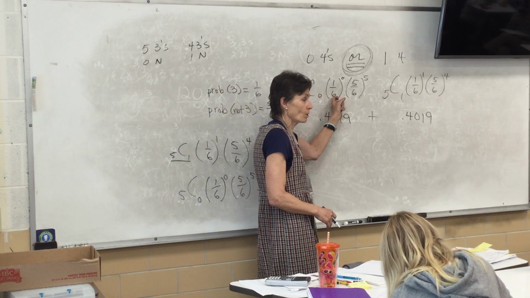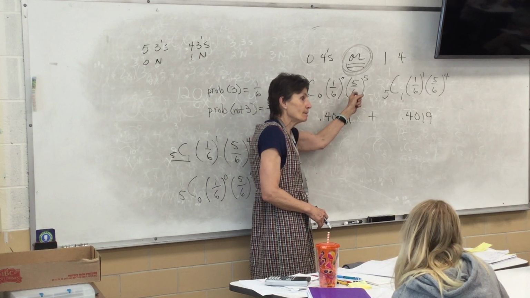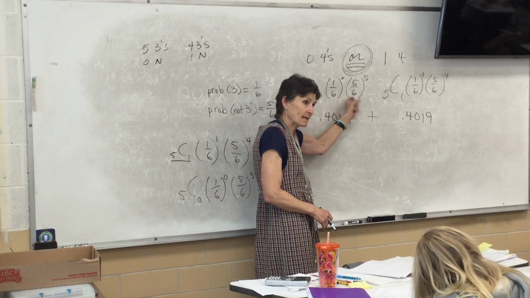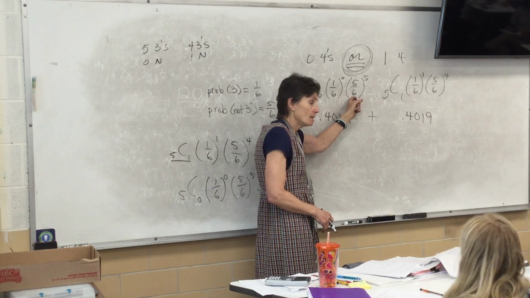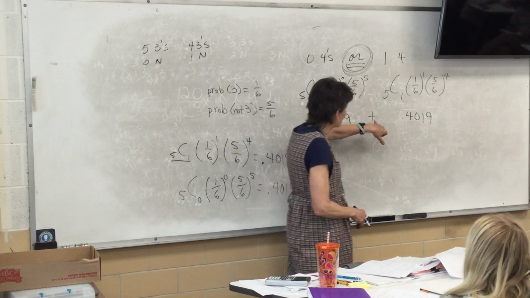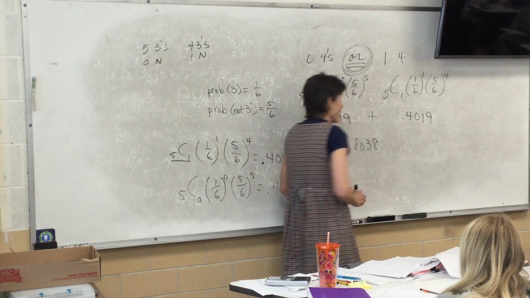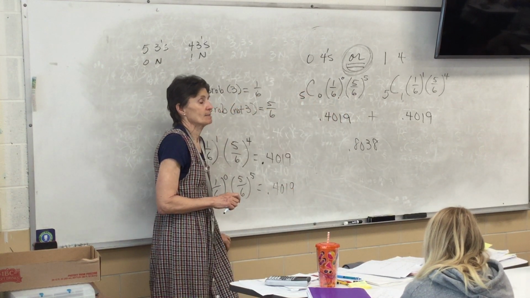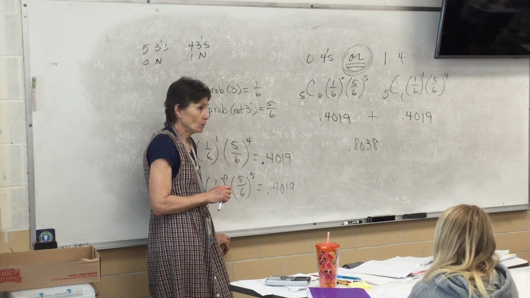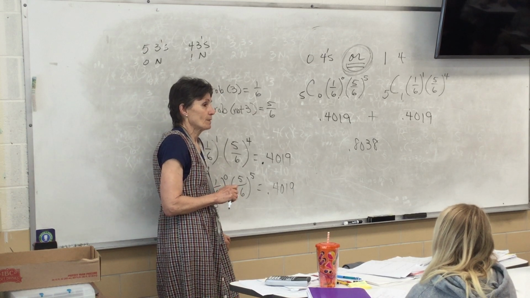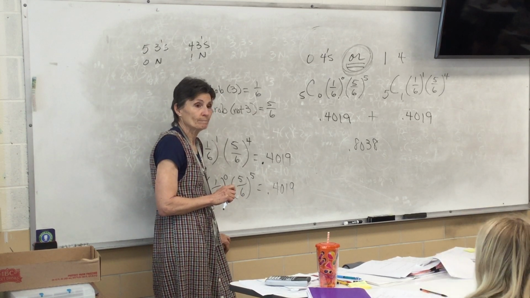So no 4s and 5 other things, that's a multiply. But when it's this situation or this situation, I add. So you have about an 80% chance, if you roll a die 5 times, of getting no more than one 4.